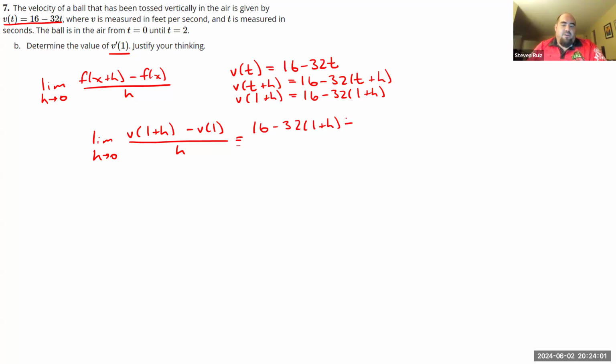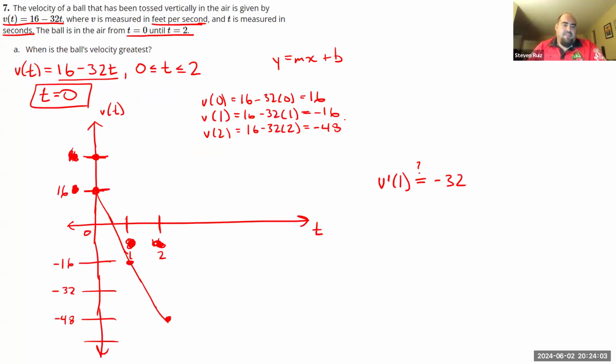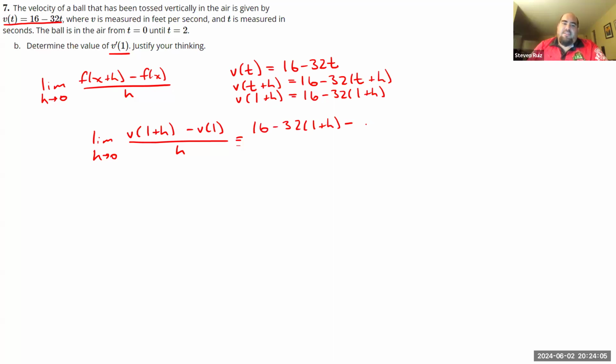We also graphed it, so we know that v of 1 is negative 16. So minus negative 16, all over h. And I forgot to carry the limit operator, so we'll squeeze that in here.